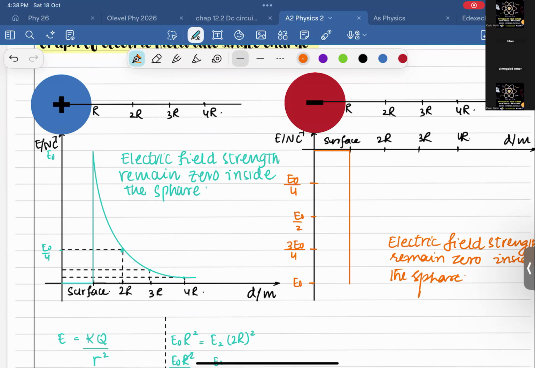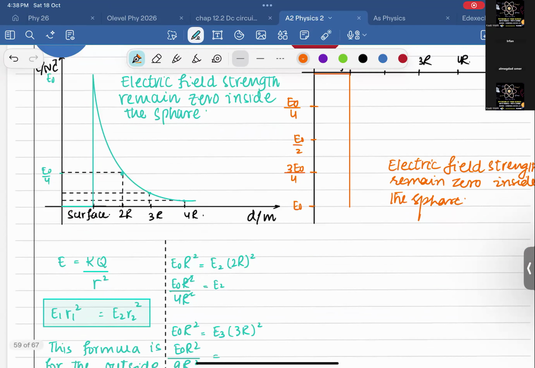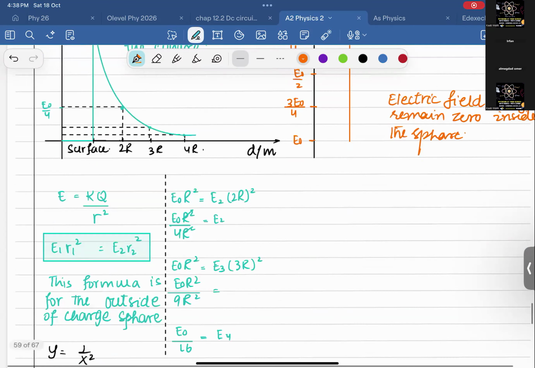The electric field will always be maximum at the surface, right? And as you move from one point to another, so from R to 2R to 3R to 4R, the E value will change. Its change depends upon the similar thing that we studied in the previous class on gravitation, right?